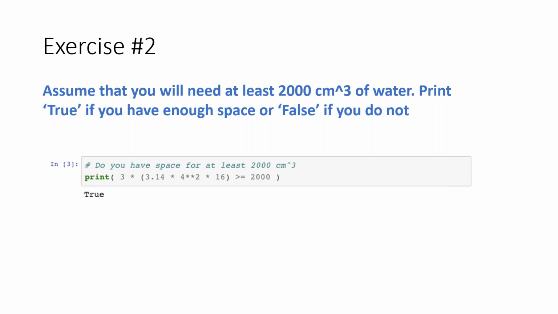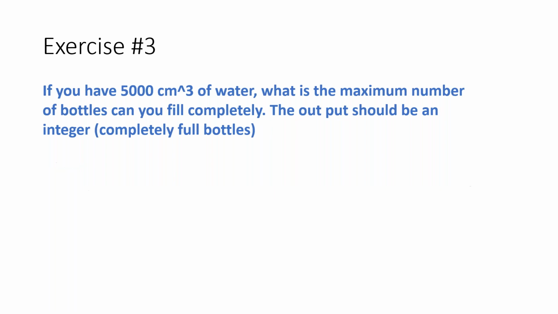I'm going a little bit quickly, but anyway, this video will be there. So let's say the third exercise. If you have 5000 centimeters cube of water, what is the maximum number of bottles you can fill completely? The output should be an integer. So basically, you have to divide 5000 by whatever one bottle will carry, pi r square h, with r as 4 and h as 16.